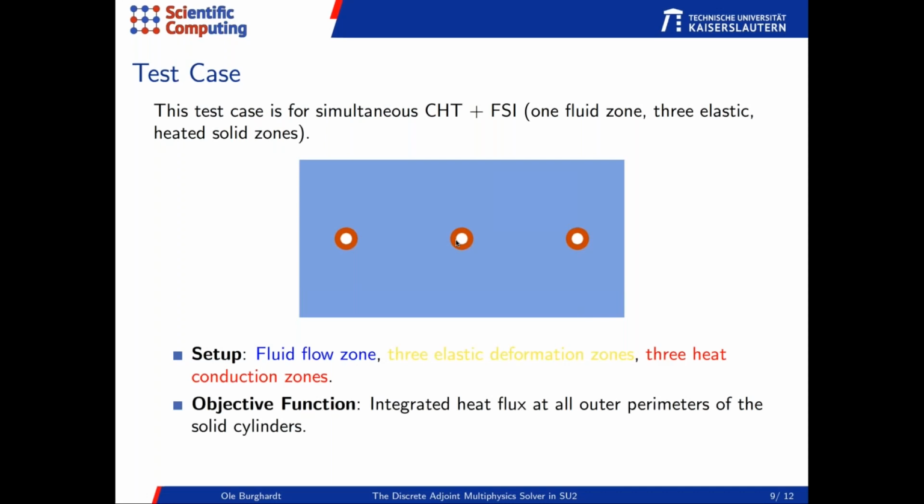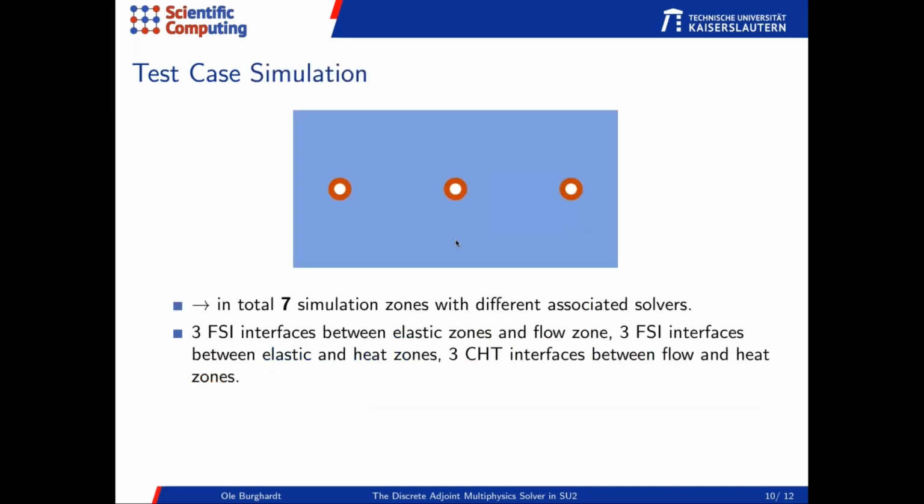All credits at this point to Petru for his idea to realize aerothermal elastic simulations in SU2 this way. And once we've run the simulation, our objective function will be the integrated heat flux at all outer perimeters of the solid cylinders.